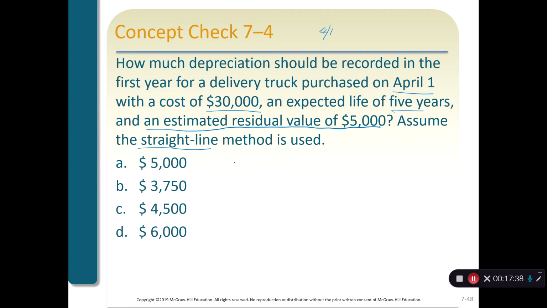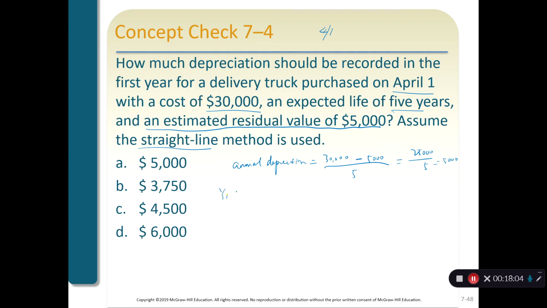First of all, we need to find the annual depreciation, regardless of whether it's a partial year 1 or not, right? So the annual depreciation is 30,000 as the purchase price minus the residual value of 5,000, divided by 5, right? So it's 25,000 divided by 5, which is 5,000 a year.